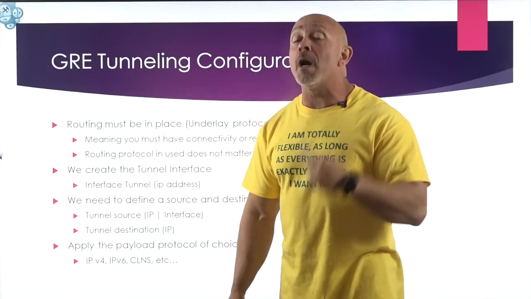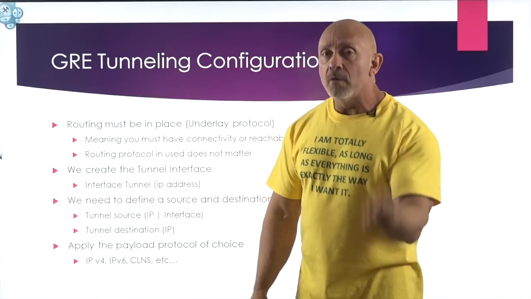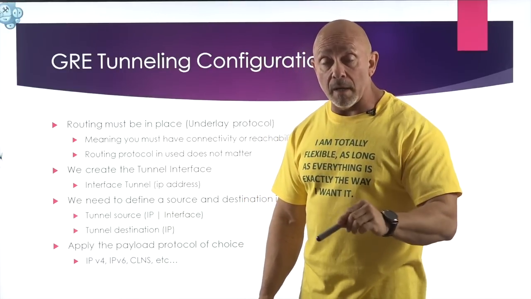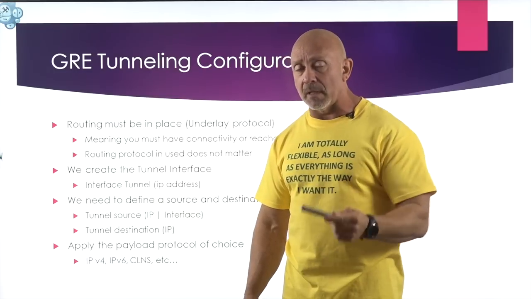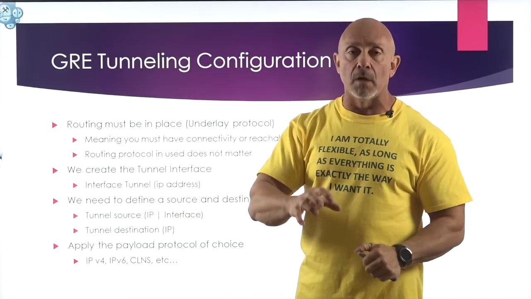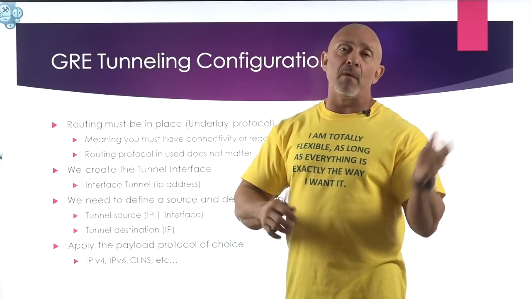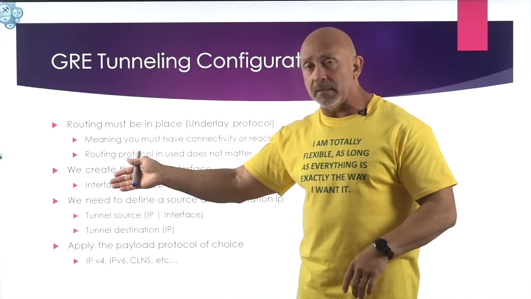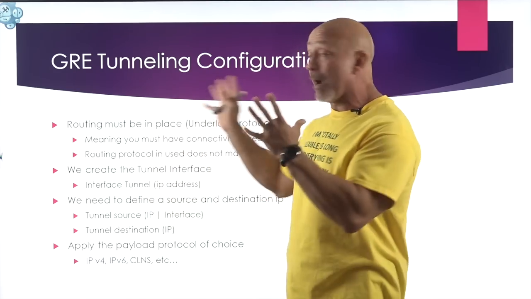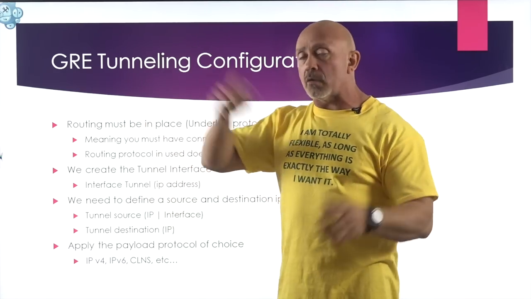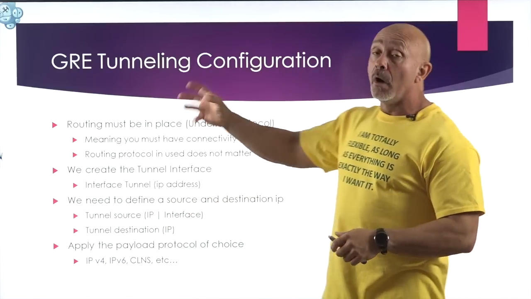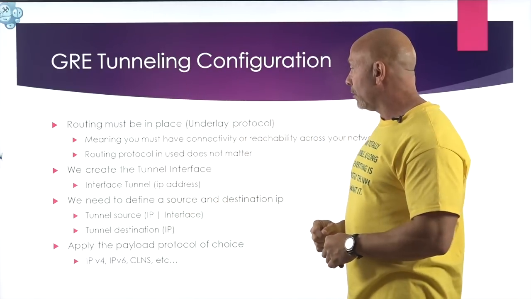Because to avoid running into the recursive routing errors, the loops that I was telling you about, you want to run an actual routing protocol inside the tunnel. So if you're running RIP, you may want to run EIGRP as your underlay, right? Your reachability, right? That's what an underlay protocol is. That's what we have right now. That's what's reaching across IP to IP, or point to point. And your overlay protocol will be the one inside the tunnel.